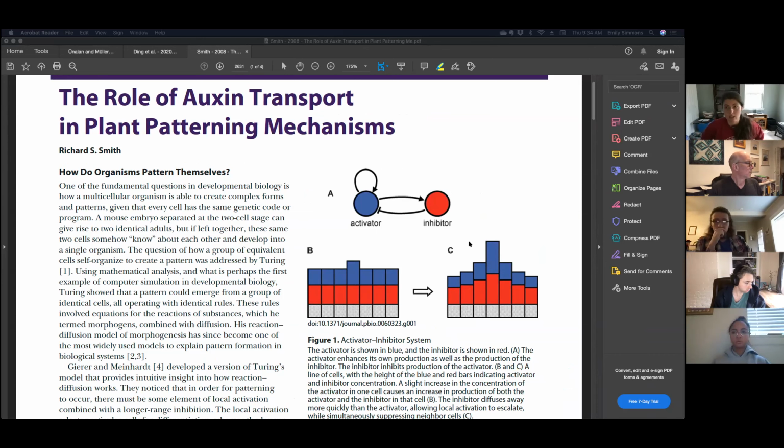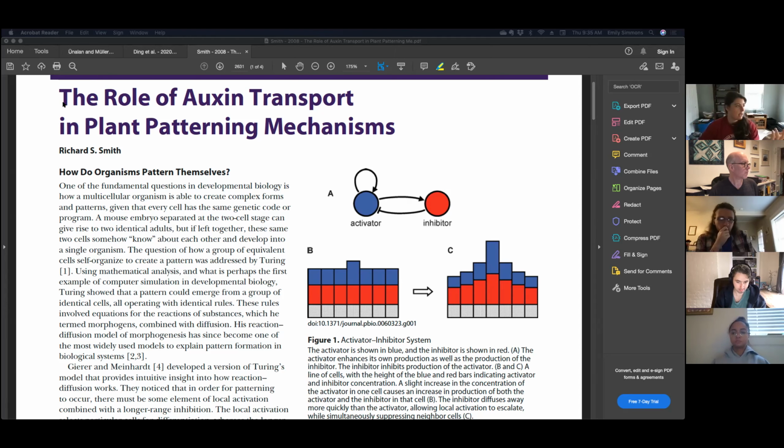If you consider a full 2D scope and you have these different places where this is being produced, then if the inhibitor can diffuse further, the inhibitor will meet in the middle and produce this region of no pigment, or yellow in our case, the background color. Whereas where the activator is, there will be more activator and you'll get these spots of patterns. So when we talk about long range, they either diffuse faster or they diffuse further.